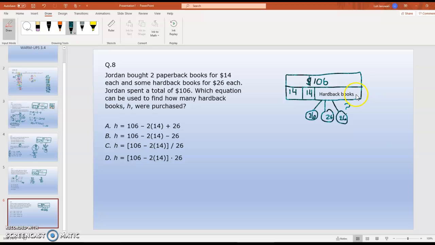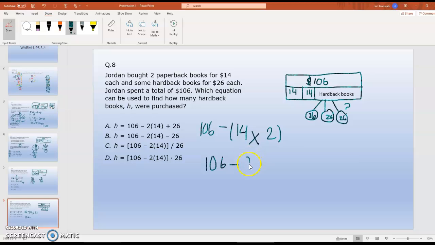So to find how much money he spent on hardback books, as normal, what did we do? We say 106 minus 14 minus 14, or 106 minus 2 times 14. Remember, a number without a sign in front of the parentheses means multiplying.